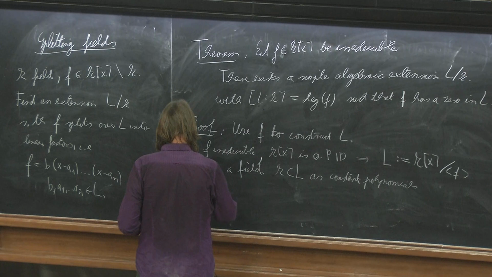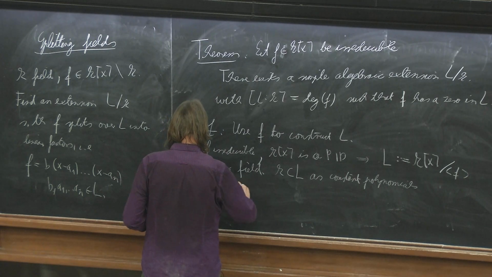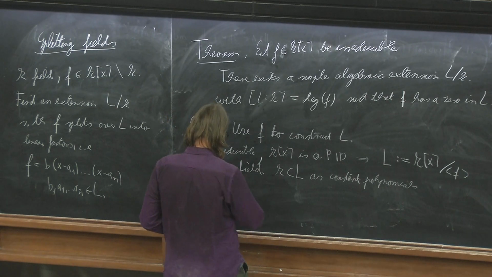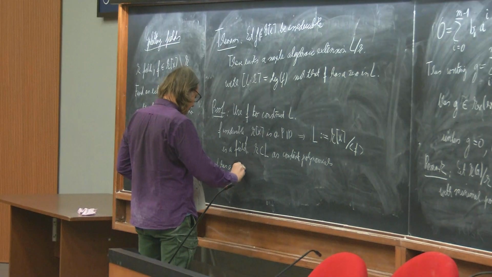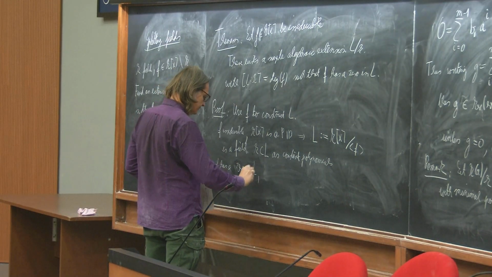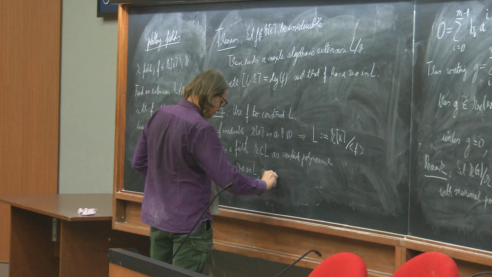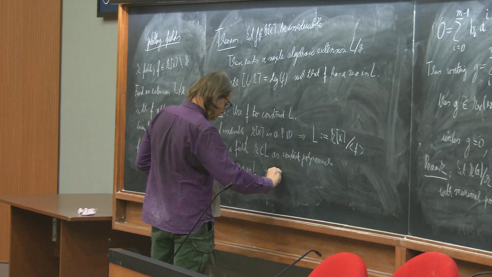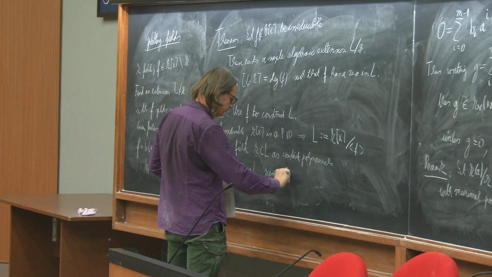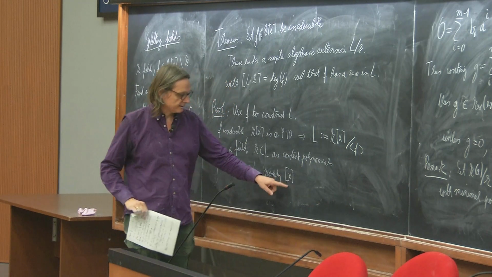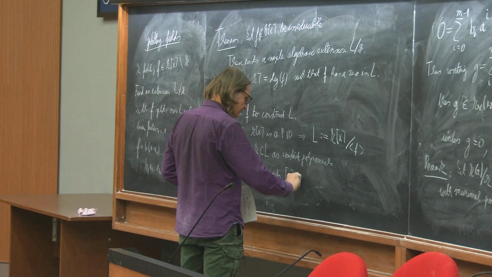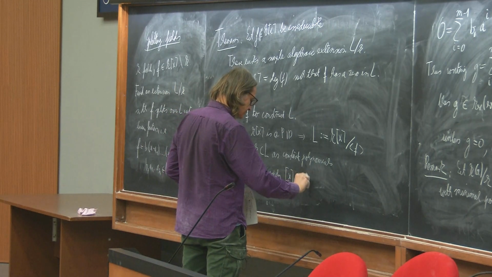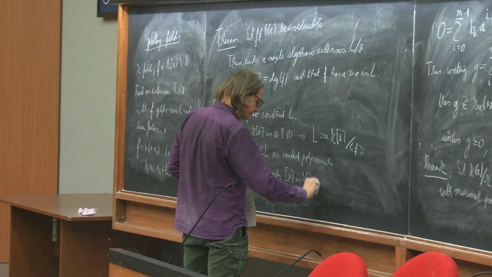F has a zero in L, namely the class of X, I mean the class of X in K[x] modulo F.